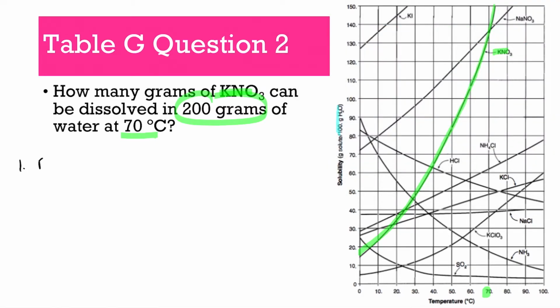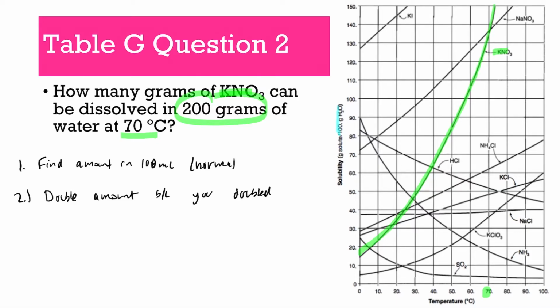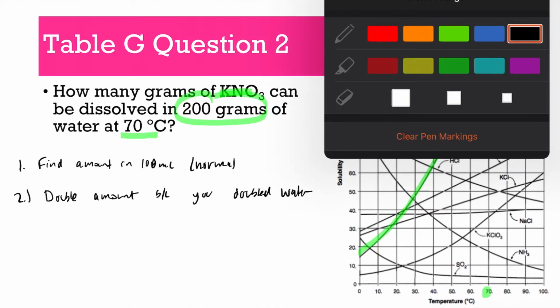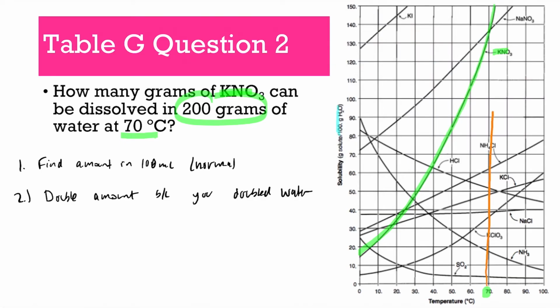So what you're going to want to do is, 1, find the amount in 100 mils of water, the normal way, and then double the amount because you doubled the water. We had said before, I'm going to grab, let's say orange, we went up and got 135 grams in 100 milliliters.